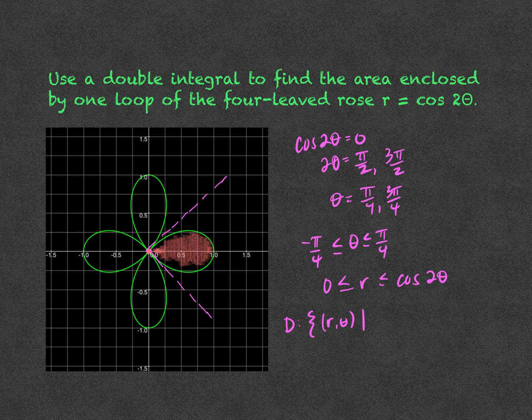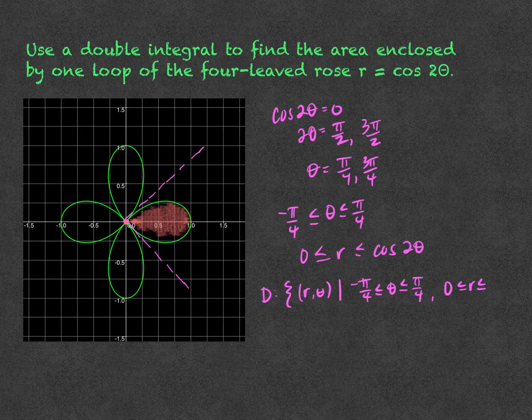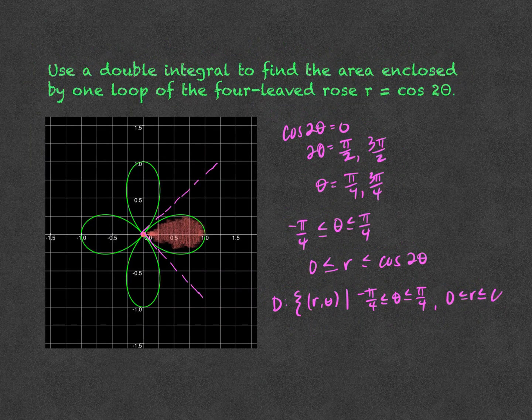And we tend to write theta first because it's a set value. Theta is between negative pi over 4 and positive pi over 4, and r is between 0 and cosine of 2 theta. And now we could write our integral.